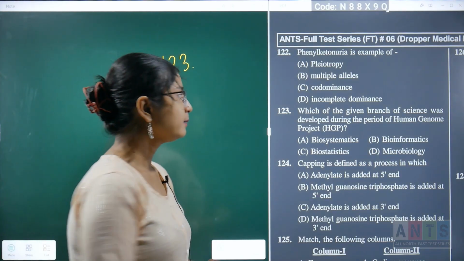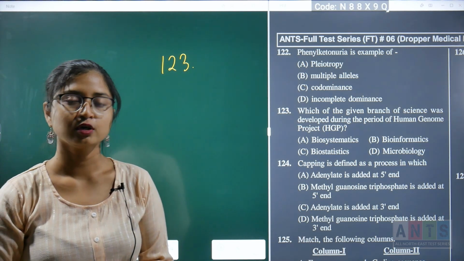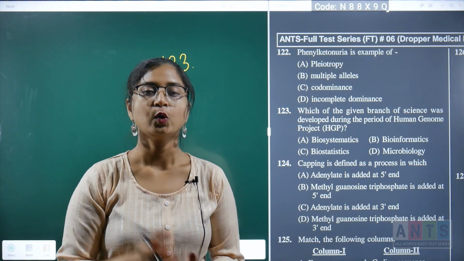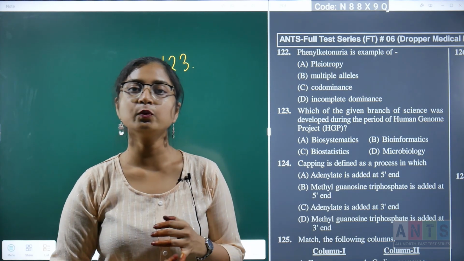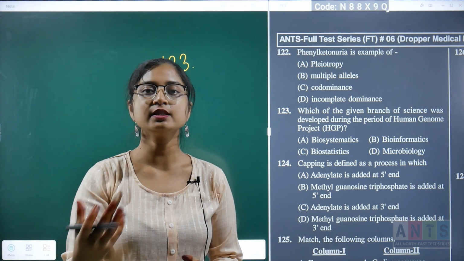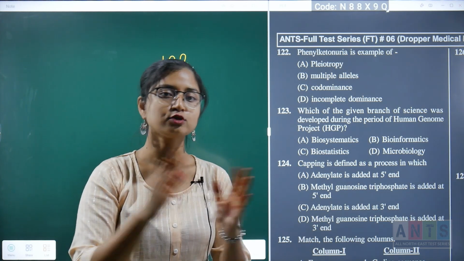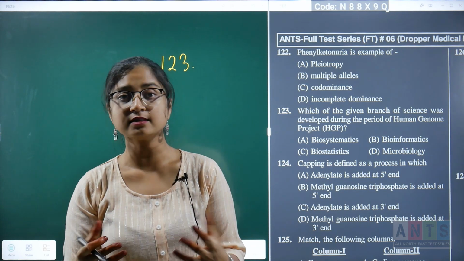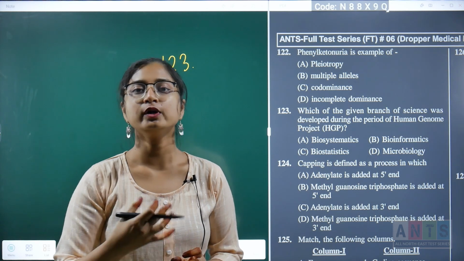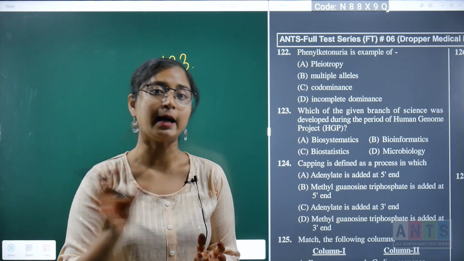Now, question number 123, which of the given branch of science was developed during the period of Human Genome Project? So HGP के duration में this vast amount of data that was generated, what was required was an orderly way of storing all that data, analyzing that data, and then using this information to look into some sort of implementation. तो इतना सारा डेटा स्टोर करना, उसको अच्छे से करेक्टली फास्ट एनालाइज करना और फिर उसको इम्प्लीमेंट करना, for this what we require is we required some new types of softwares. उन softwares का designing, उस software का application करना.